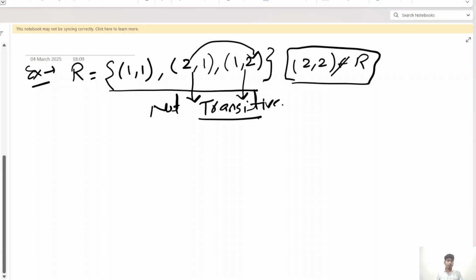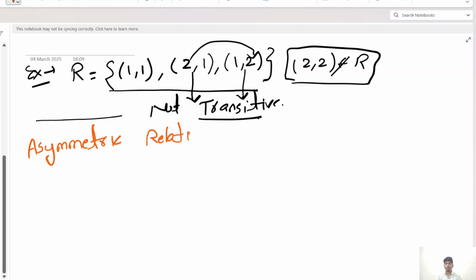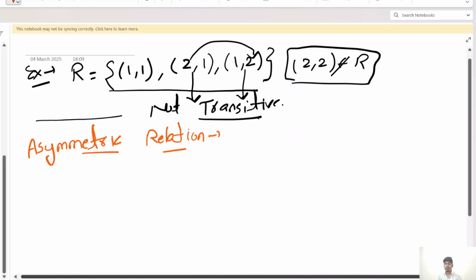Now I define asymmetric relation and then equivalence and partial order relation. These are the collection of some relations. One minute. I define now asymmetric relation. What is our asymmetric relation?